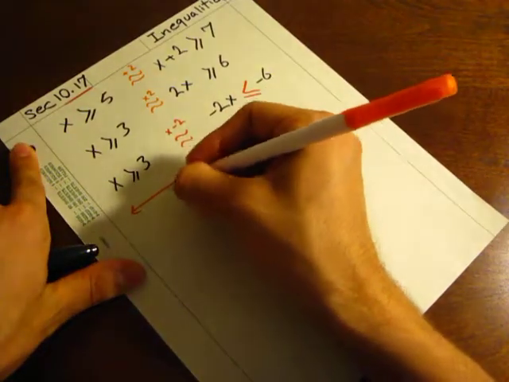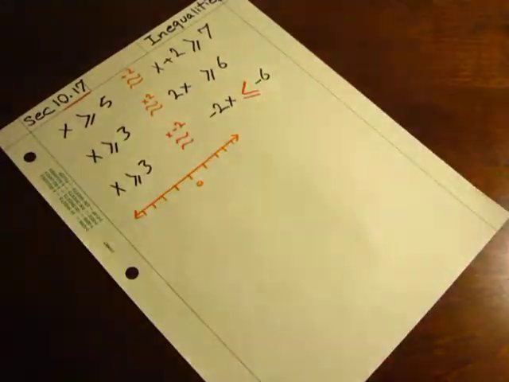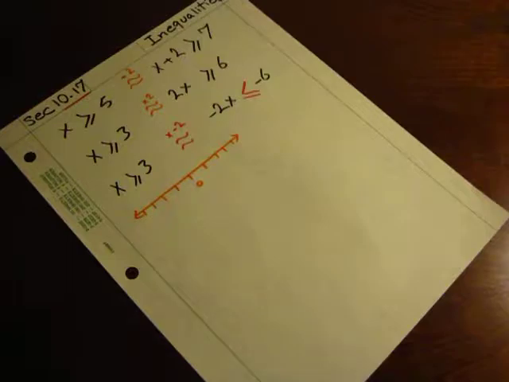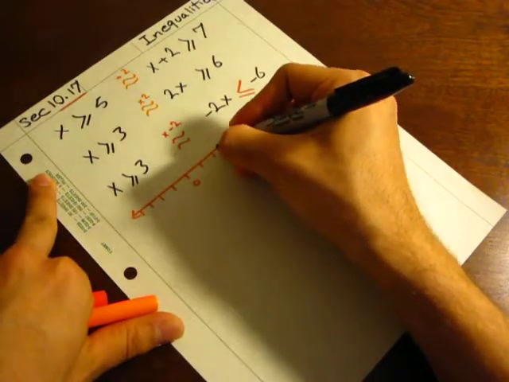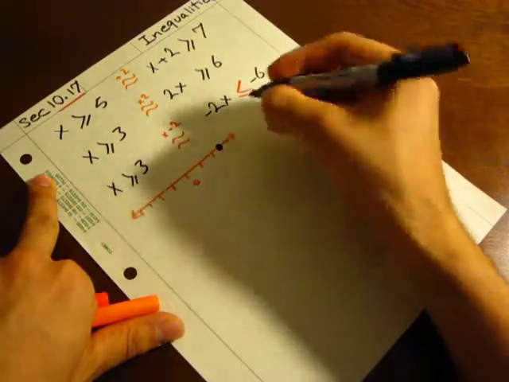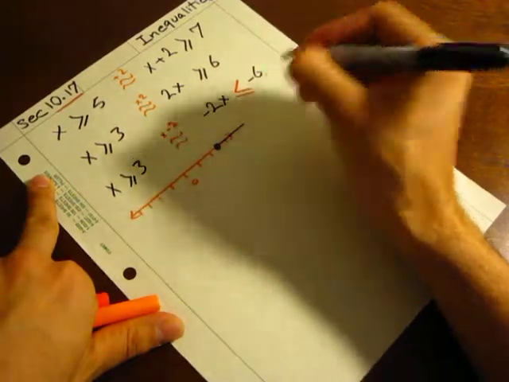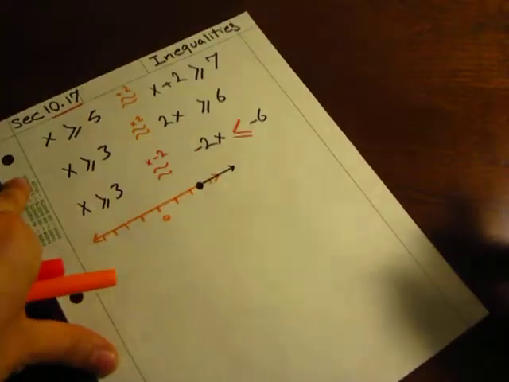This is negative 1, negative 2, negative 3, negative 4. So x greater than or equal to 3. I count 1, 2, 3. I fill up my circle and anything after that. And usually you can put an arrow to show the direction.